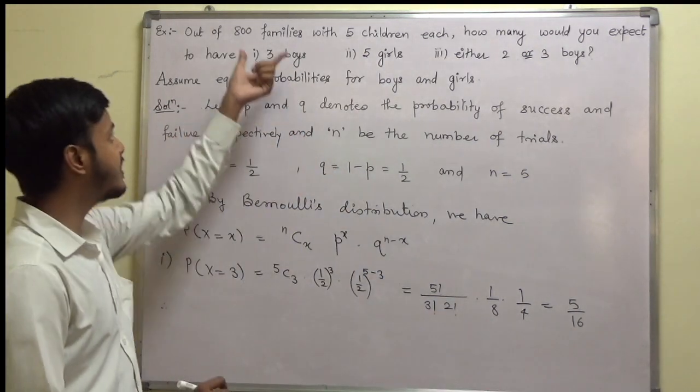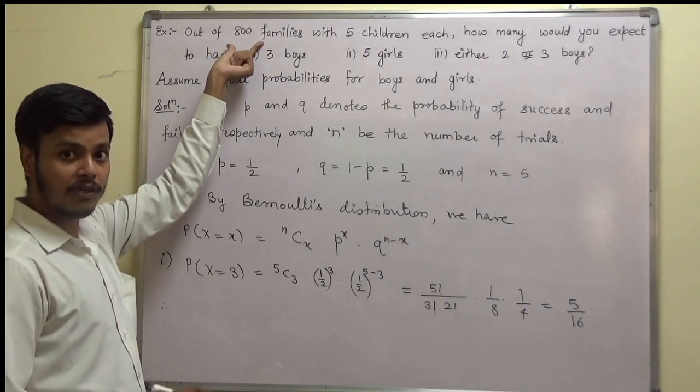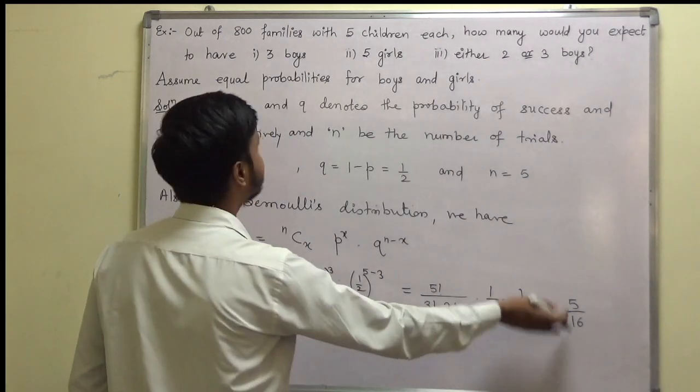But how many such families are there? 800. Out of these 800 families, we have to find out the number of families having 3 boys. So you need to do 5 by 16 into 800.